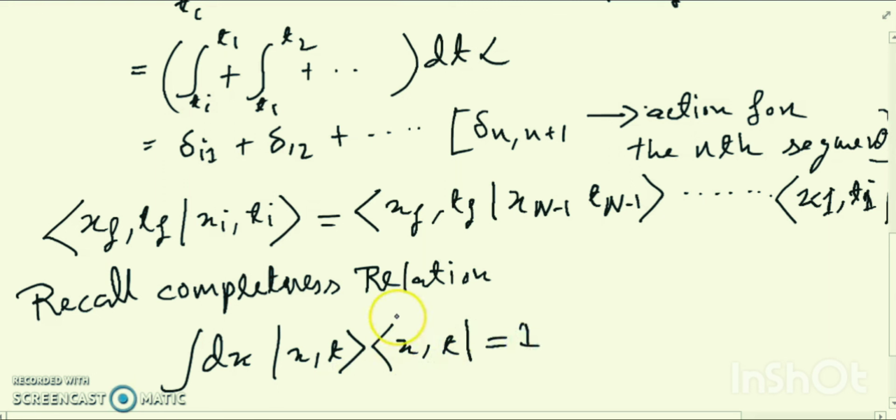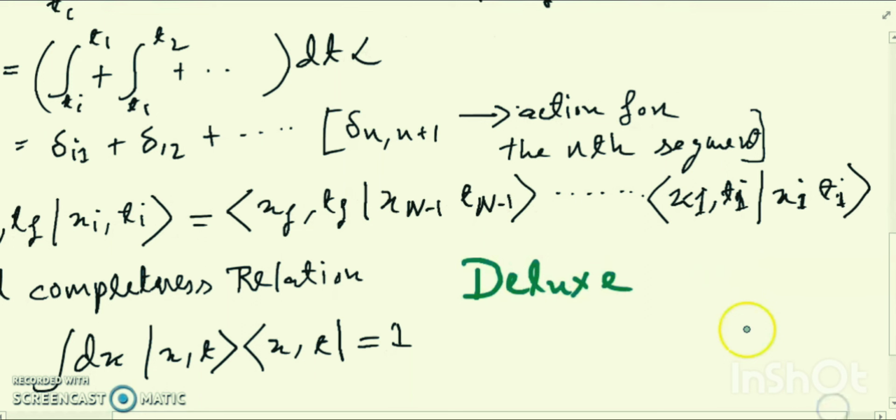Okay, this is the identity operator. Now, when you write it as a sum of the segments, the exponential of the action then becomes the product of phases, then each phase according to reversing Dirac's proposal. Okay, this proposal is called Dirac's proposal.